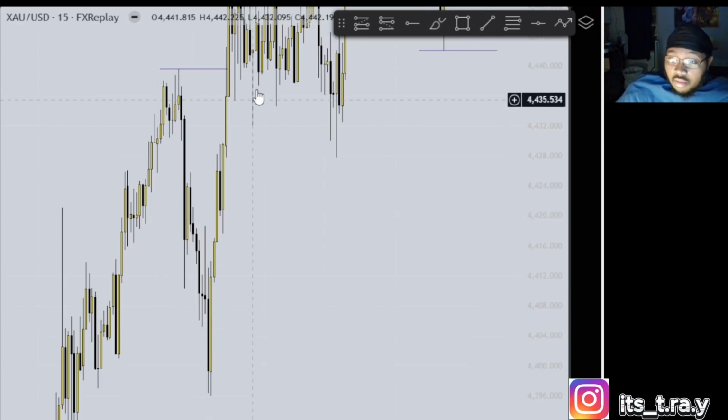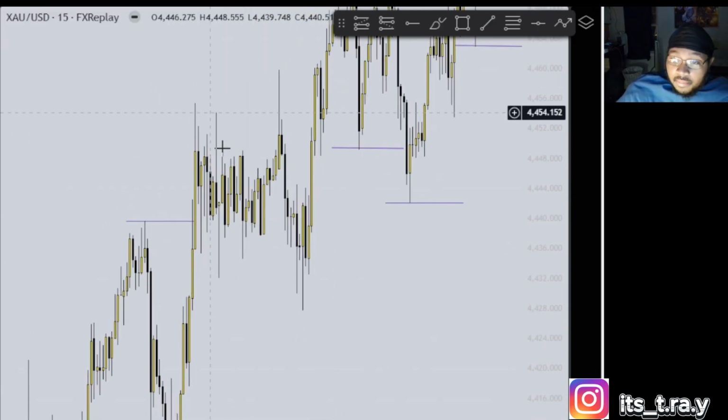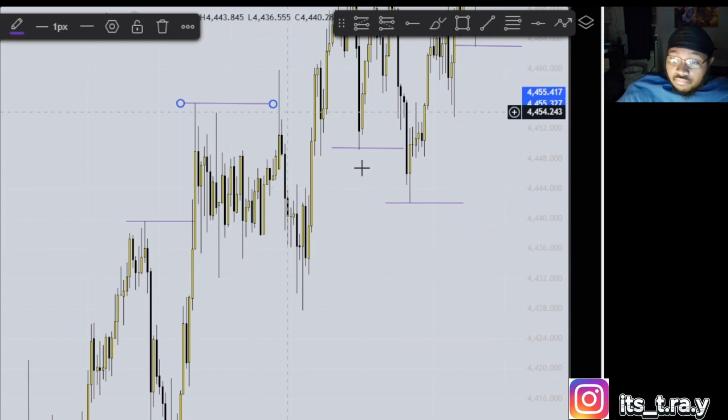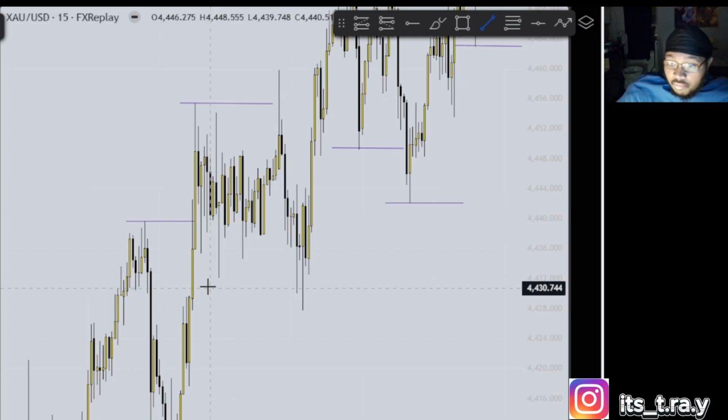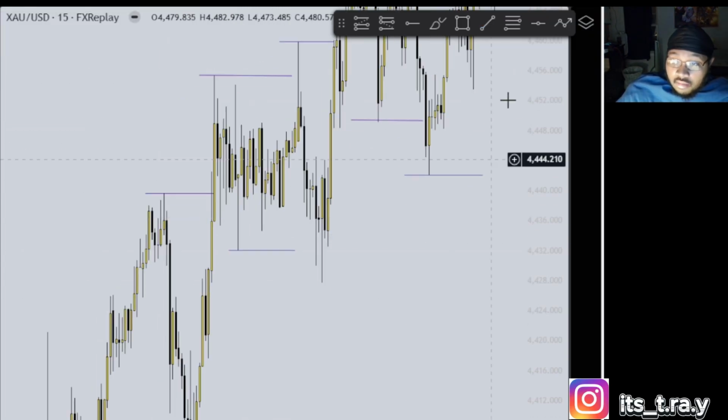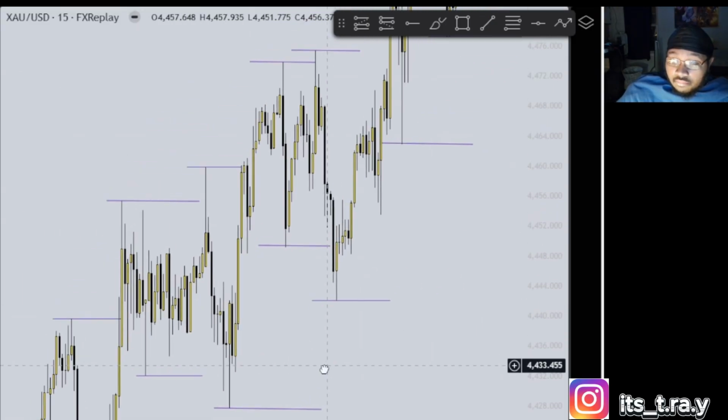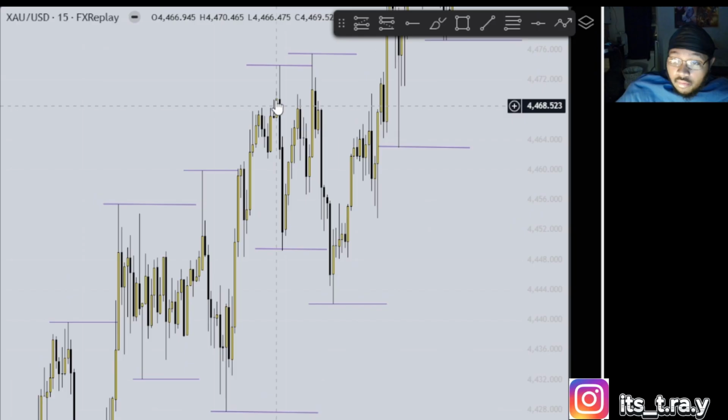Price came down here and started going up, so guess what, that's a low. Came up here and we started moving down just a little bit, that's a high. This was the lowest point down here before we started moving back up, so right here is the low. Went all the way up here, moved down, we have a high again, and then right here we have our low, and then it started going up.